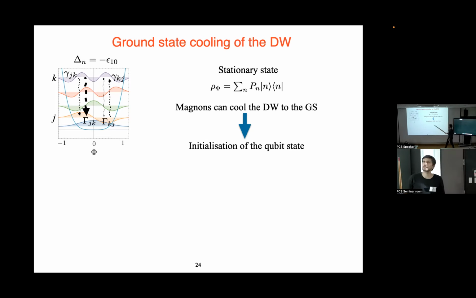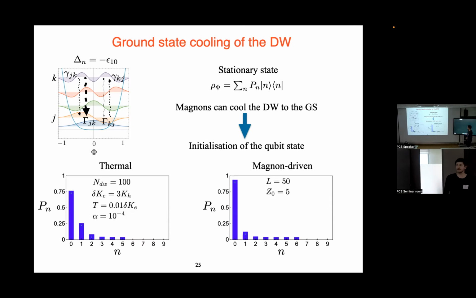So if delta n equals minus epsilon 1, 0, you can increase drastically the rate between the first excited level and the ground state, and you can beat the Gilbert damping, at least in the limits of the scale that I was mentioning, which should allow you to initialize the qubit state. So let's see how that works.